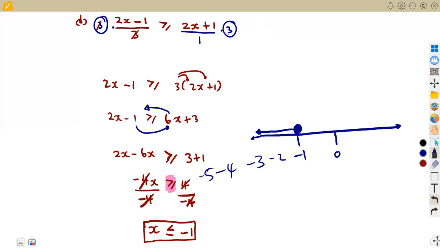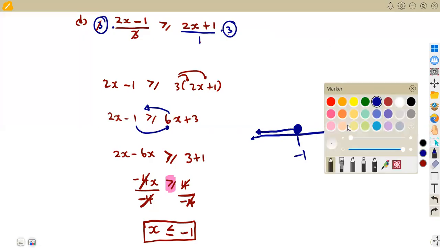All these values are smaller than minus 1. The equal to is at that point at minus 1. That is where we can take x also to be equal to minus 1. But for the other values, you compare using the less than sign to say, where do we have values that are less than minus 1. So that's your inequalities.